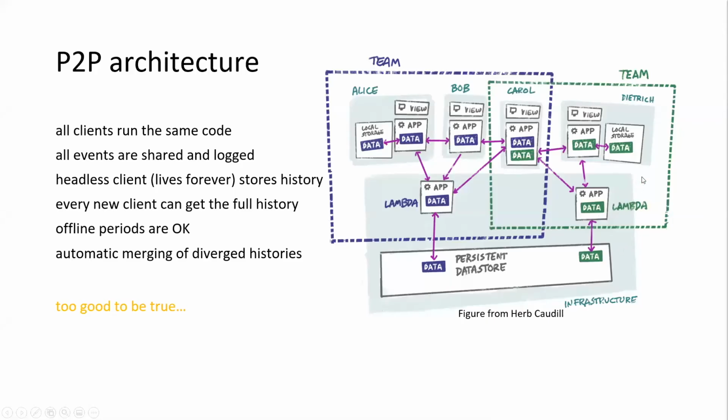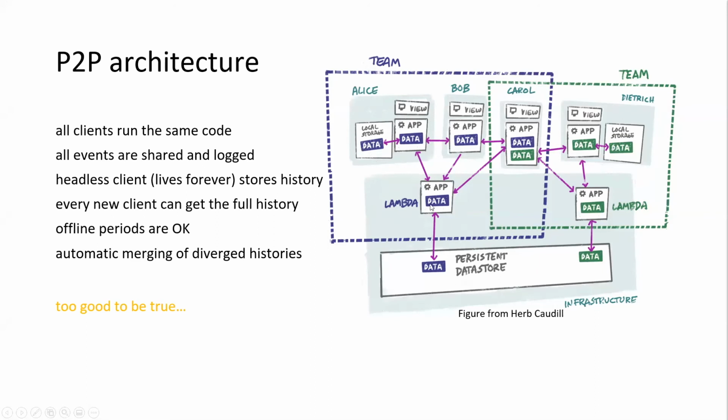The peer-to-peer architecture was inspired by a research paper and an article about this nice article which is called a web application without a web server, and the idea is to have the same client code running for all the devices, but for both of the teams.